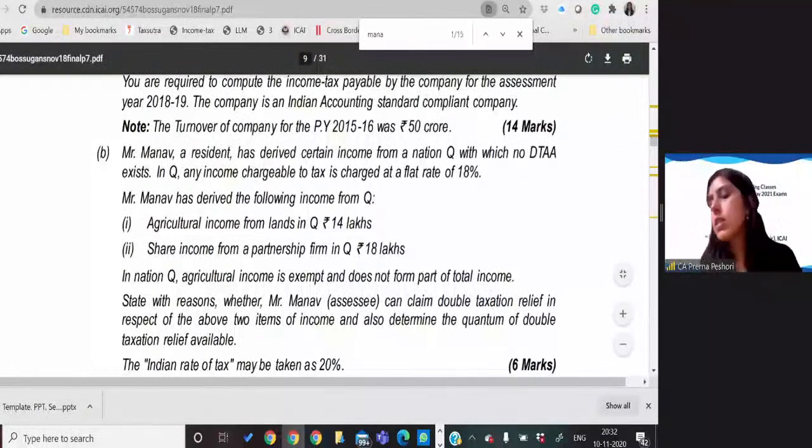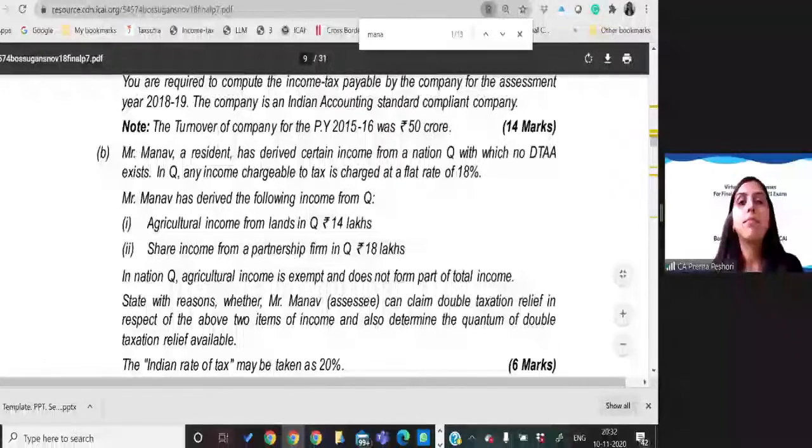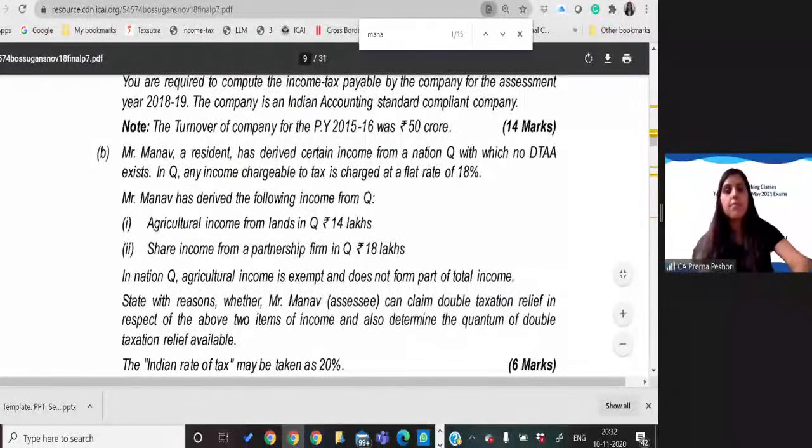What will be the answer in this scenario? What will be the double tax relief?